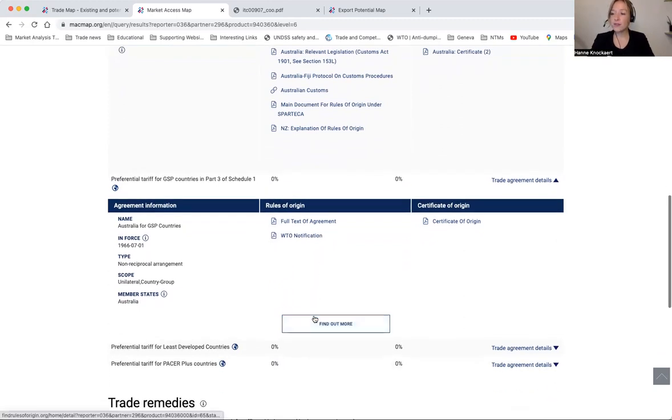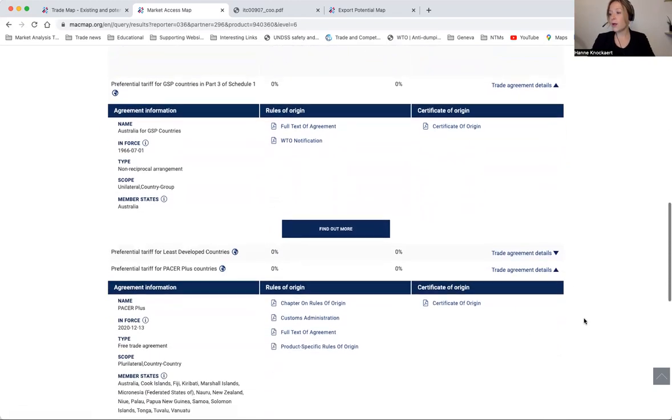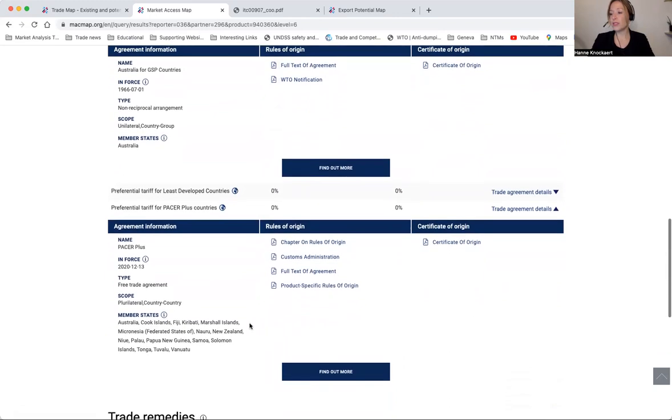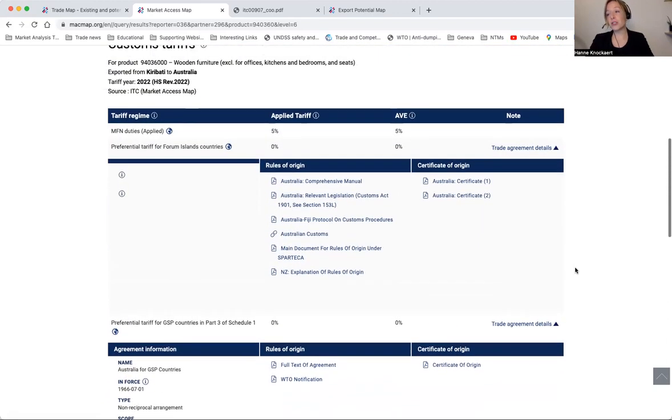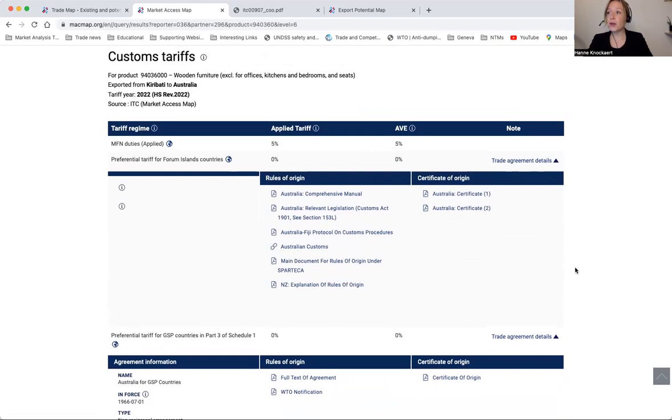So you can see that there are 4 different agreements. And here we find the PACER Plus, so the most recent one. So you can take advantage of any of these trade agreements, because what the Market Access Map actually does is already look for you into these agreements and whether or not these agreements are important for the product you are looking for.